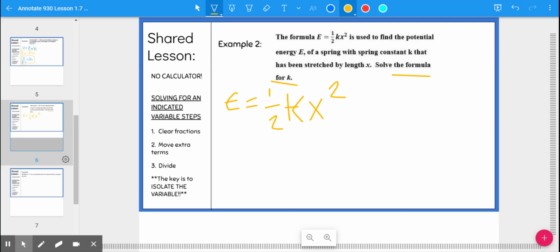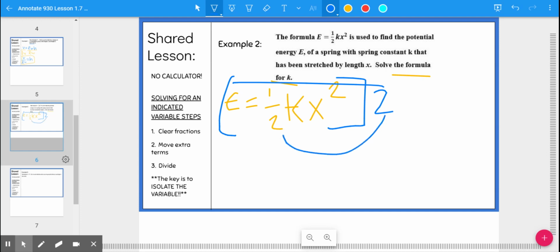All right, now I do have a fraction, so I do want to clear my fraction. Because I have that 1/2, I'm going to multiply everything by 2 to get rid of that 1/2. So it gets multiplied to the E and to that 1/2.